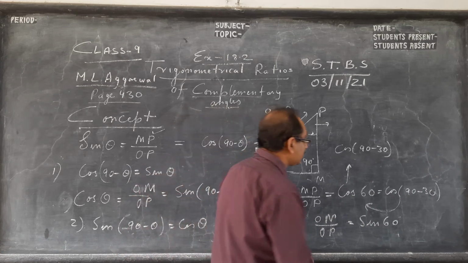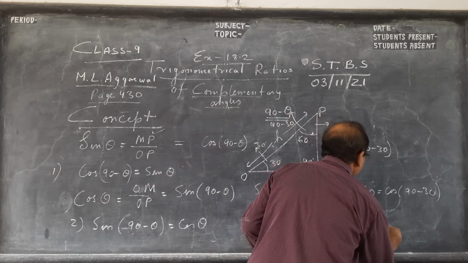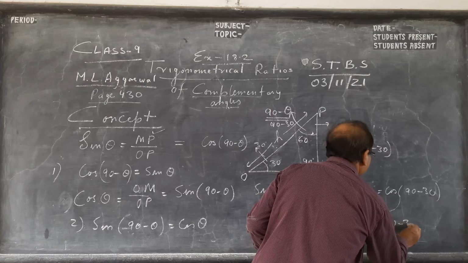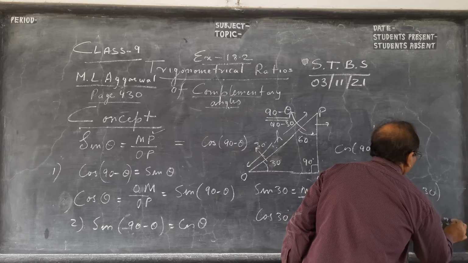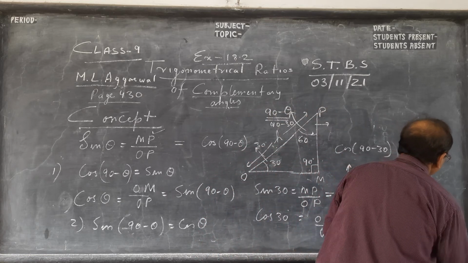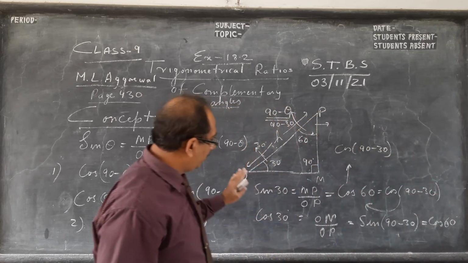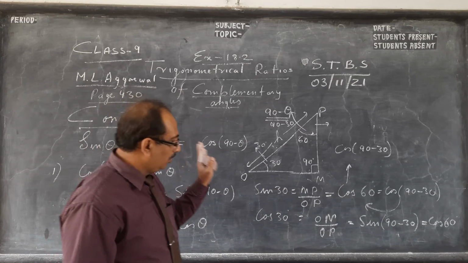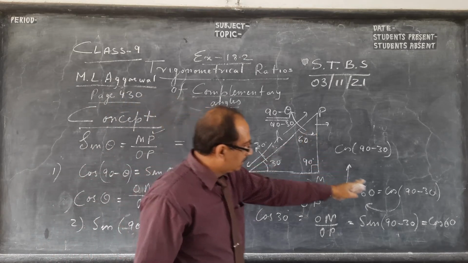But what ICSE says is you should write this: sine 90 minus theta is cos theta. You show this step, so this will be 60. Okay, I hope you have understood, and I'll take one or two more minutes to give you the same relationship once more. Sine of 30 is equal to cos of 60, but this step should come first.